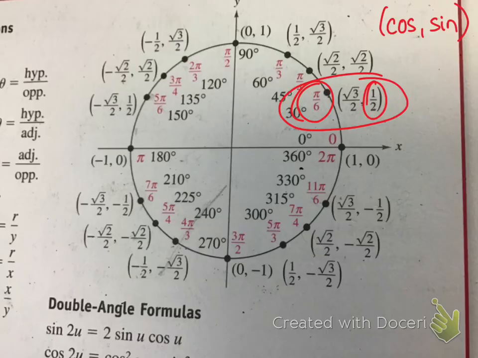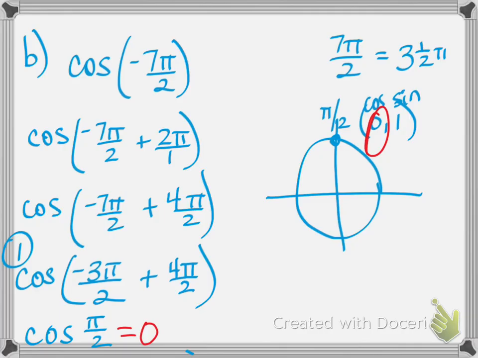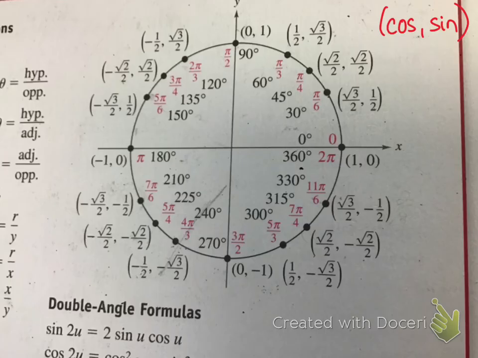Second way you can do it is you can look at your unit circle. And what was that? Negative 3 pi over 2. So you look at your unit circle and you find positive 3 pi over 2. Positive 3 pi over 2 is all this much positively.